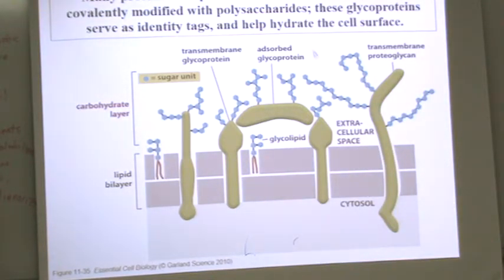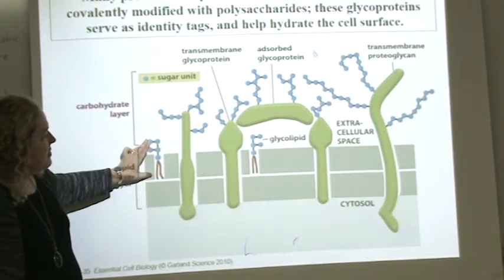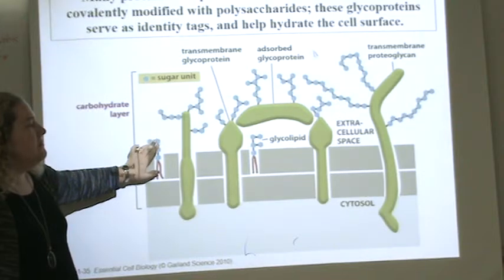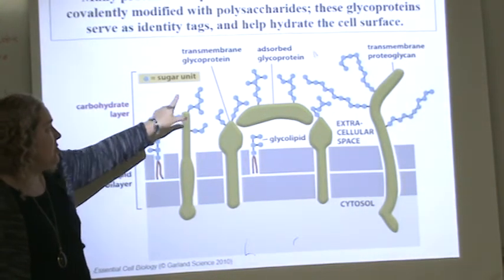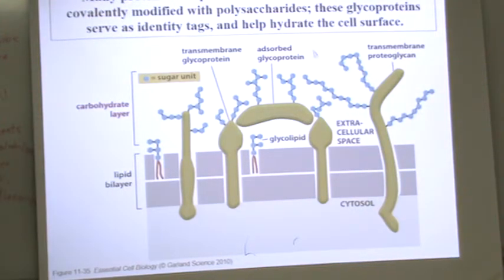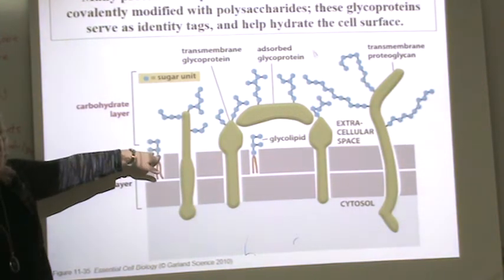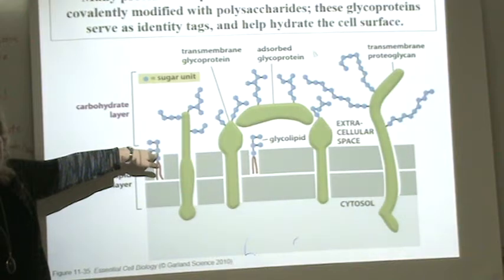Several of the proteins that are associated with the extracellular face of the membrane will have a lot of sugar chain modifications. So there could be sugar modifications on the lipids themselves.